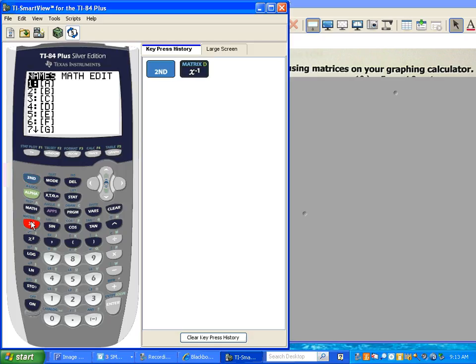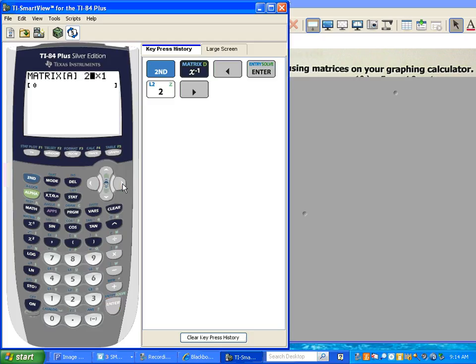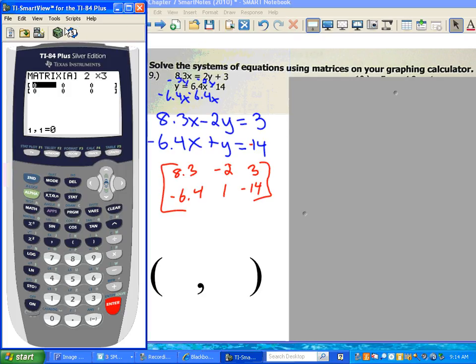Haley and Maggie, if I go too fast, let me know. Go over to edit. Hit enter. What are the dimensions of our matrix? Helene? Good. There's 2 rows and there's 3 columns. Hit enter. And I need to hide this because I can't see. Okay. So 2 by 3. We now need to type in these numbers. So 8.3, enter.